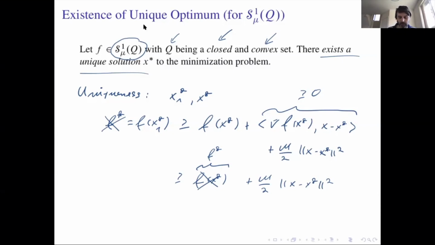And what we get is 0 greater equal mu half norm of x minus x star squared.